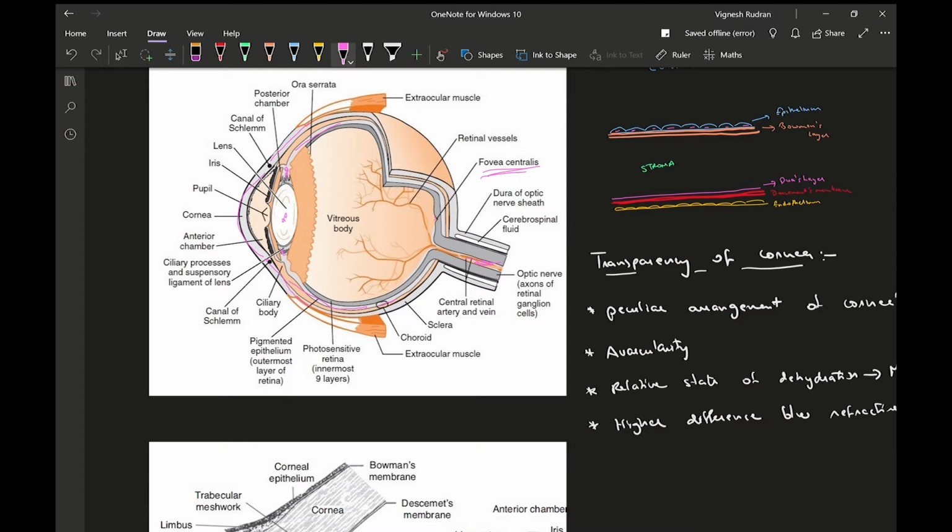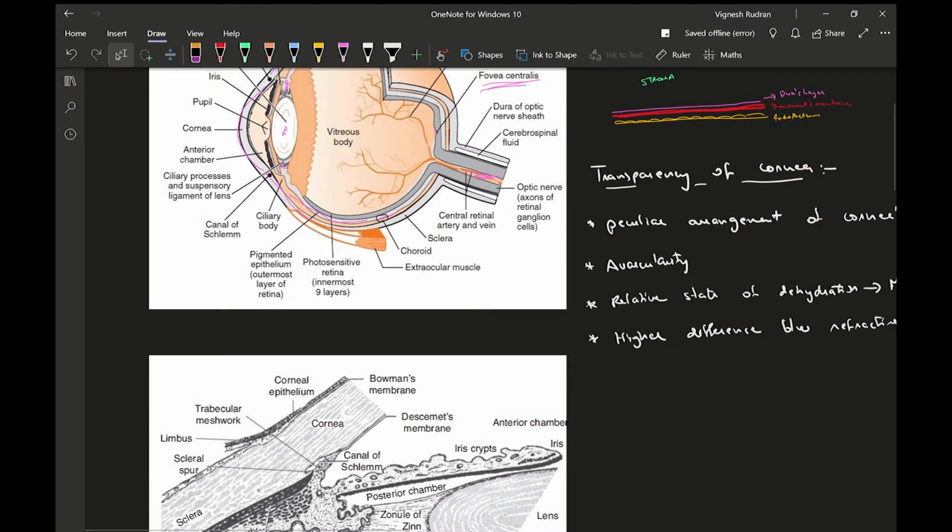Now the anterior chamber is again split into the anterior segment and posterior segment. What is going to split it is your iris. Everything behind the iris in front of the lens is the posterior segment of the anterior chamber. Everything behind the cornea in front of the iris is the anterior segment of the anterior chamber.